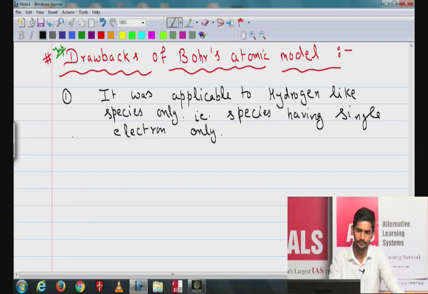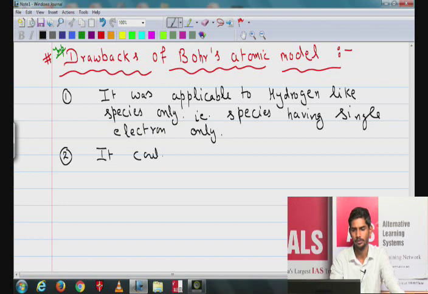And after that, the second drawback was, it could not explain the splitting of spectral lines in the presence of an electric field and a magnetic field. This is the second drawback.